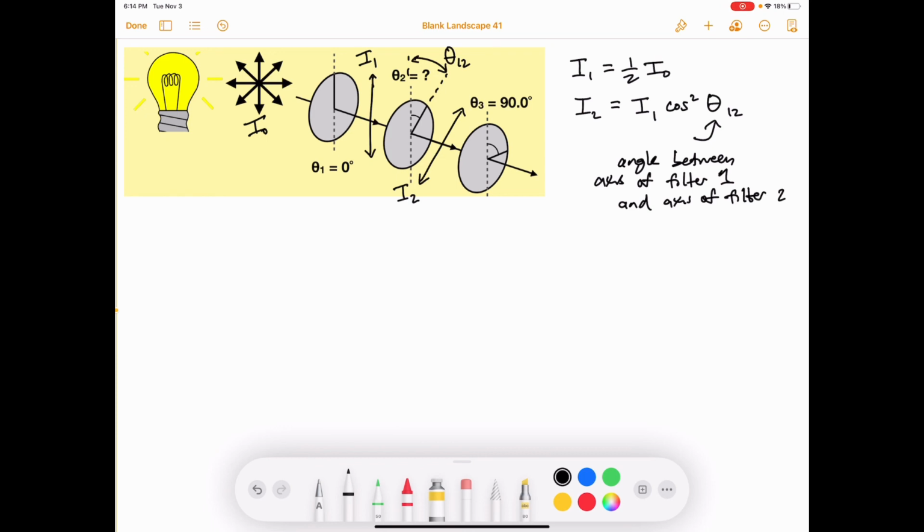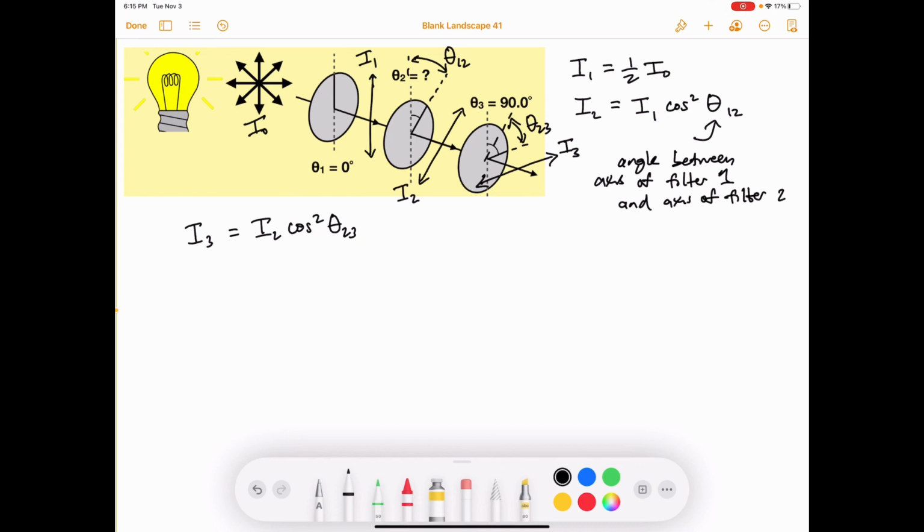Okay, so now the light goes through the third filter, and after it goes through the third filter, of course, it's polarized along the axis of that third filter, and now the intensity is I3. And when we apply Malus's law to find I3, that's I2 times cosine squared of the angle theta 2, 3, which I'll show you in the diagram is this angle right here.